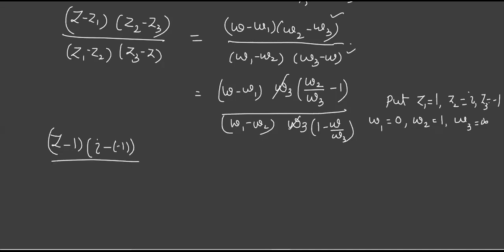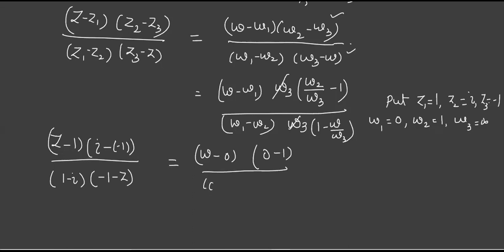So Z minus 1, Z2 minus Z3 is I plus 1, and Z1 minus Z2 is 1 minus I, and Z3 minus Z is minus 1 minus Z. On this side, W minus W1 is how much? 0, if I put W3 as infinity. What will this quantity be? 0 minus 1, again 0. W1 is 0, W2 is 1. Again 1 minus W3 is infinity. What is this quantity? 0.